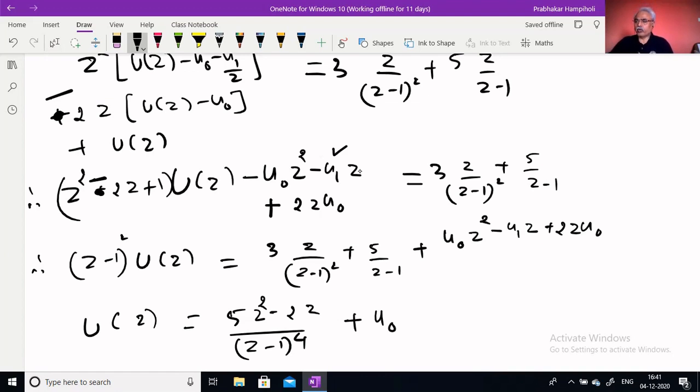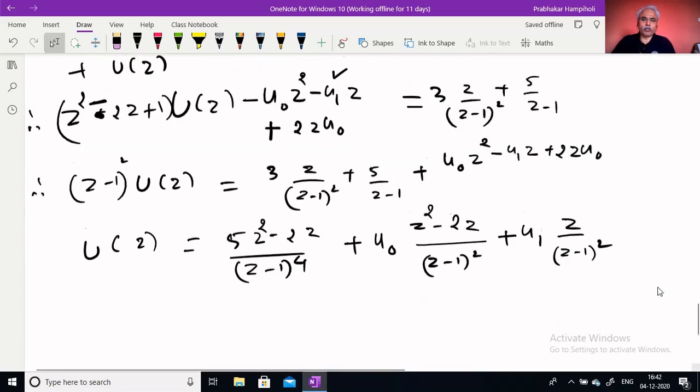So all u0 terms: z square minus 2z upon z minus 1 whole square. Similarly, only one u1 term is there, that becomes plus u1 z upon z minus 1 whole square. So we are not much worried about that.